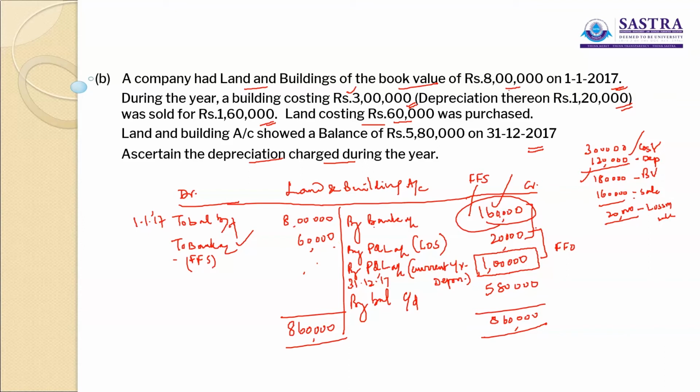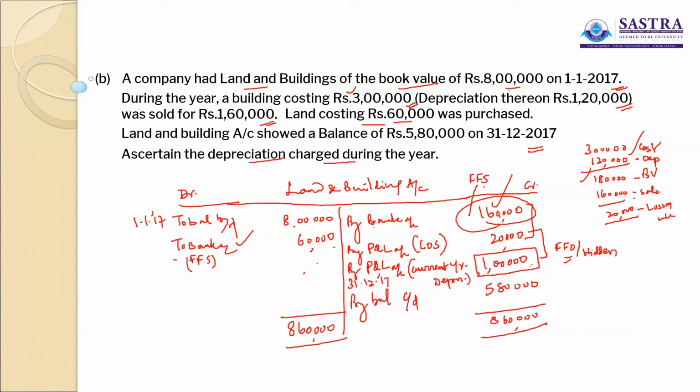And the loss was not given. It was a hidden information, and these two are also hidden information. So using the available information, we calculated the hidden information, which is very much required for calculating fund from operation, without which you cannot prepare fund flow statement. So in a comprehensive question, this will be one part of calculation. So without doing this calculation, you cannot prepare fund flow statement.